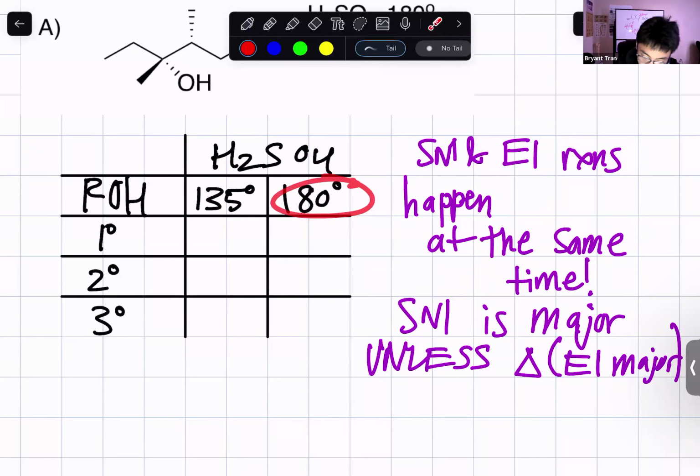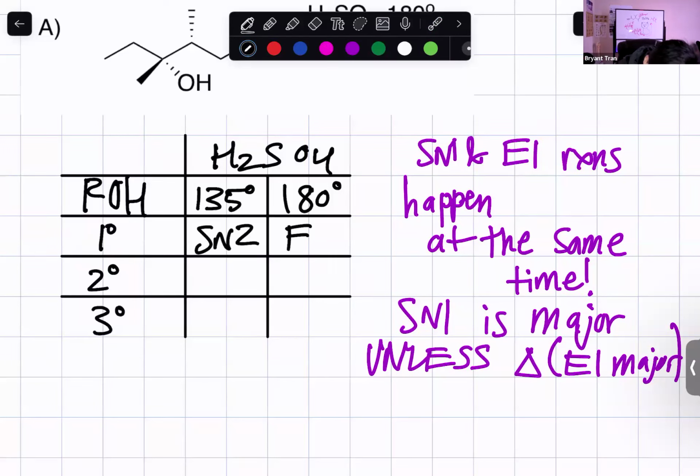If you see this, then you know that your major product is going to be some sort of alkene, some sort of double bond, because we have heat, which is going to favor the E1 product or elimination reaction, right? So a primary alcohol in 135 degrees Celsius is going to do SN2 reaction. For 180 degrees, it's going to do E2 reaction.